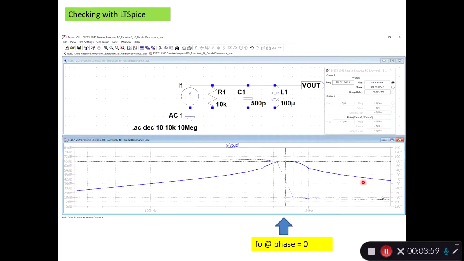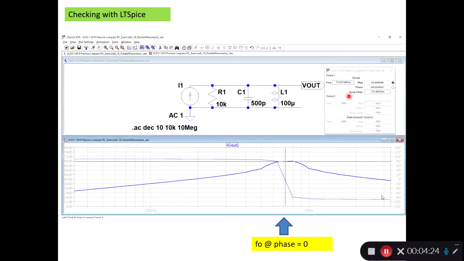And we know the resonance frequency can be found at 0 degrees. That's easier than trying to find the top of the filter. We go in with the cursor and identify that it has 712.8 kilohertz. That's very close to the calculated value.